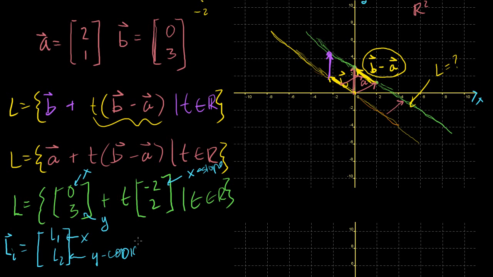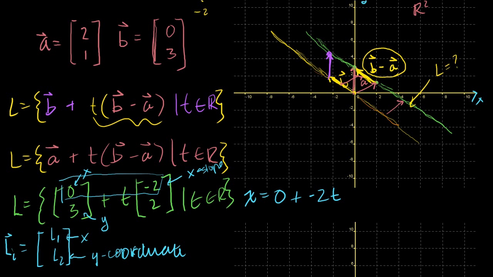And just to get this in a form that you recognize, we're saying that L is a set of this vector plus t times this vector b minus a here. If we wanted to write it in a parametric form, we can say, since this is what determines our x coordinate, that x is equal to 0 plus t times minus 2, or minus 2t.